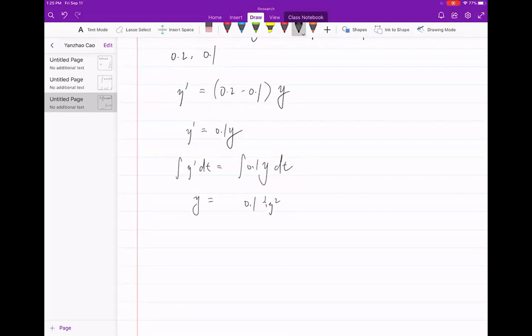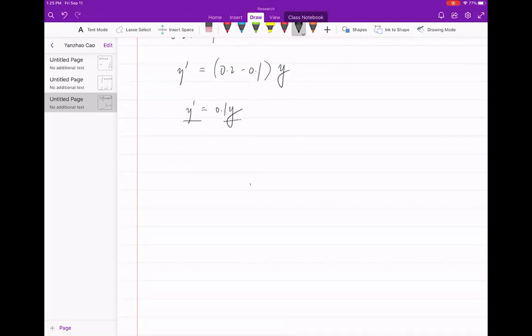Make sense so far? So we set up a differential equation, easy to set up. But this time solving it is not so easy because this one has a y, and this one also has a y. How much do I wish everything here is just with respect to t, then I can take the integral, but it's not happening. Okay.